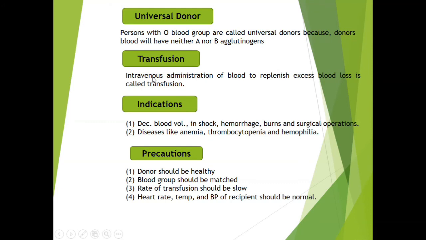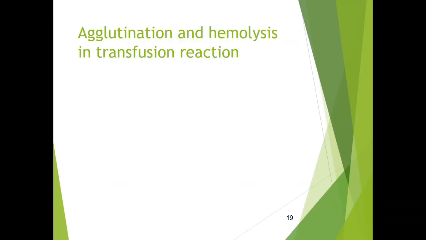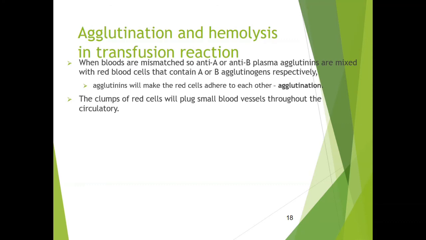How does this occur? When a mismatched transfusion occurs from a donor to the recipient, it may cause hemolysis or agglutination. When blood is mismatched, anti-A or anti-B plasma agglutinins are mixed with red blood cells that contain A or B agglutinogen respectively.